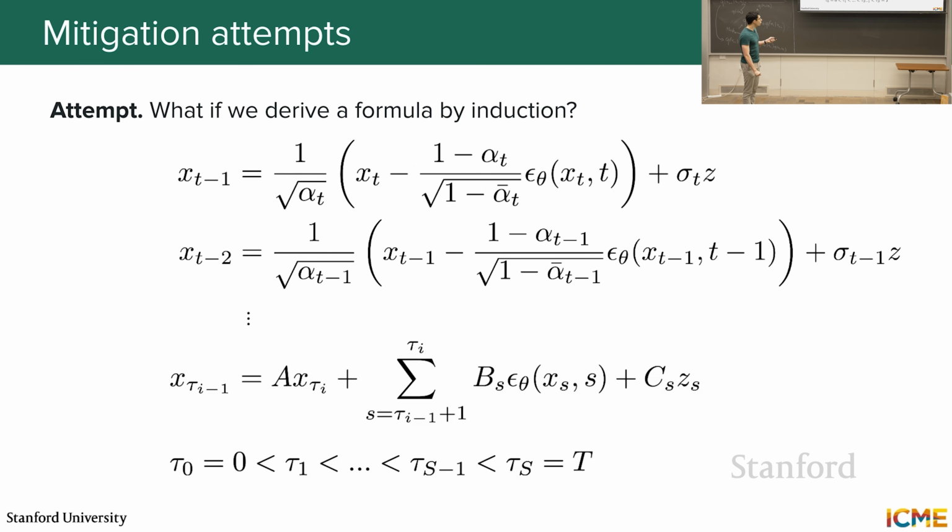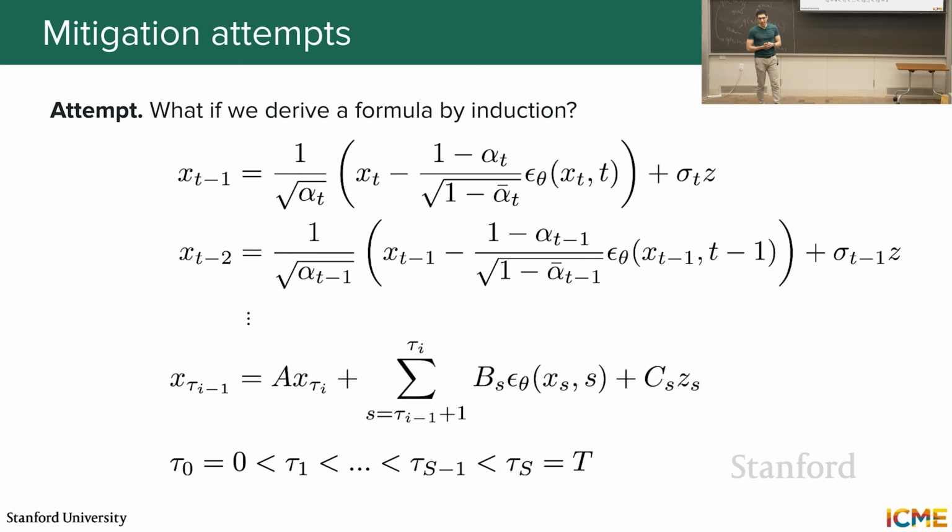And you come up with a relationship linking a lower step that you index by some other sequence of numbers that you call tau i, which is a sequence of numbers between 0 and big T, where the gap between consecutive numbers is potentially bigger than 1. And you end up with a relationship that involves step number tau i, which is the larger step number, and some sum over some numbers and some sampled noise.